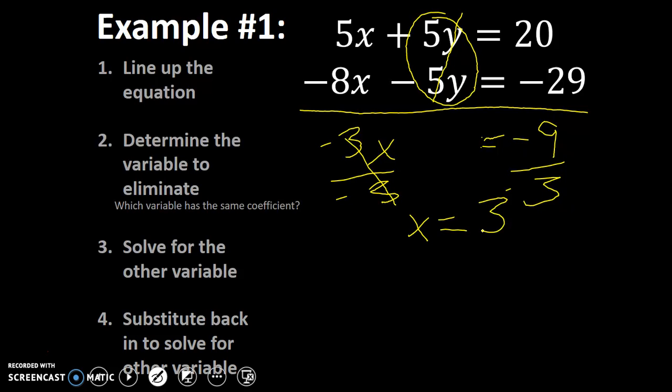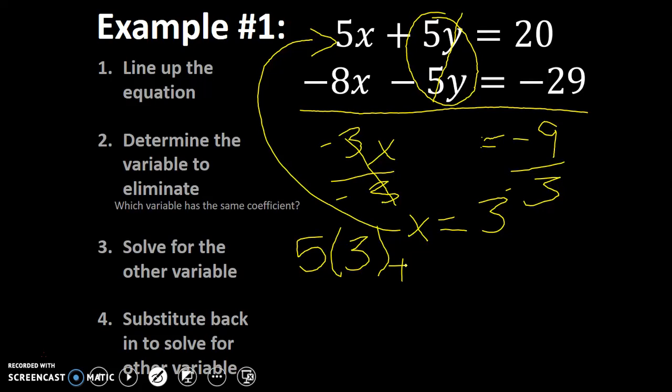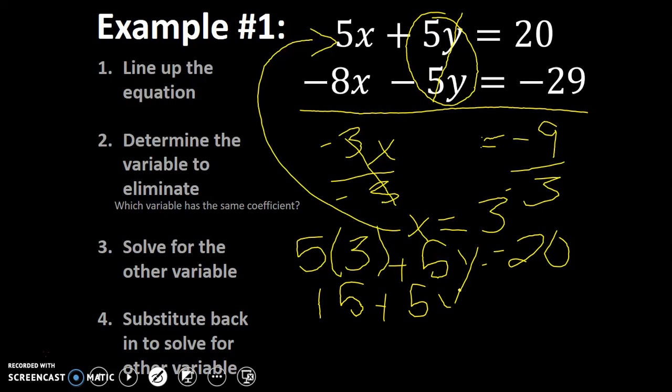Our last step is to take this x equals 3 and plug it back into one of these. I'm going to plug into the top one since 5 times 3 is smaller than negative 8 times 3. So 5 times 3, 15, plus 5y equals 20.